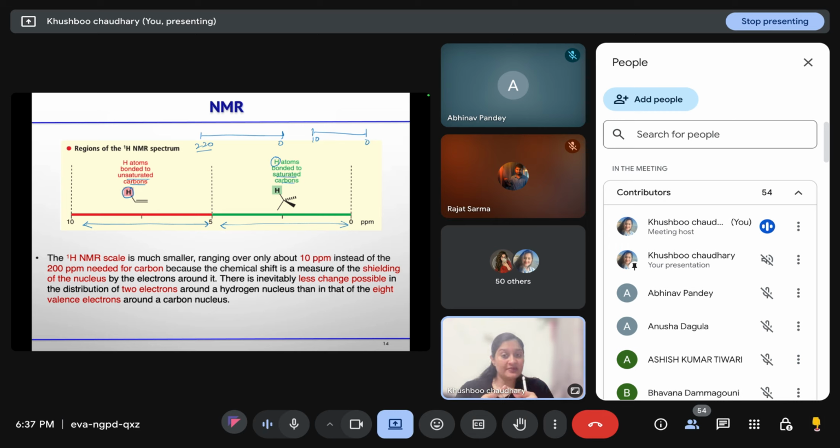But in the case of carbon, there are eight electrons. So the possibility of different environments in the case of hydrogen is less, so the scale is smaller for the proton spectra. But in the case of carbon, eight electrons can distribute in a variety of ways, so that's why we need a larger scale for the carbon 13 spectra.